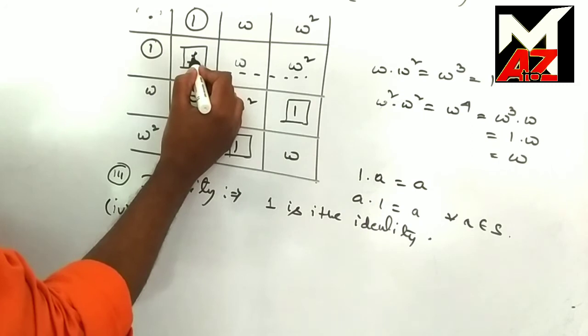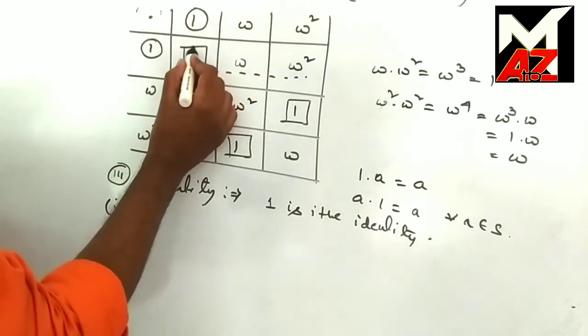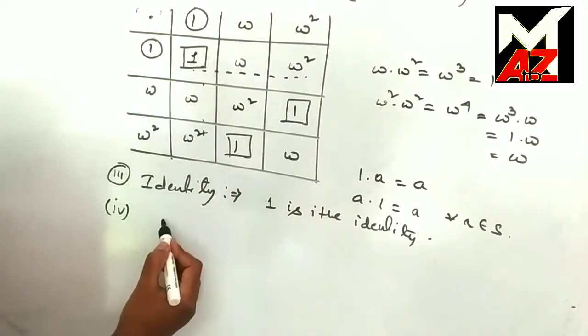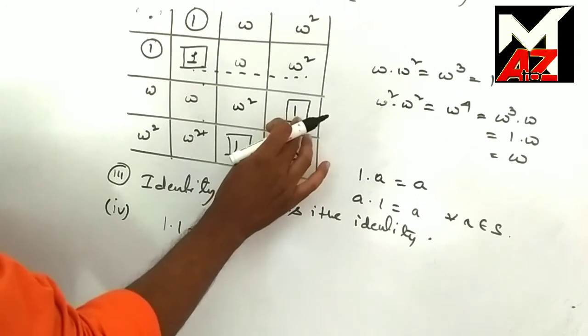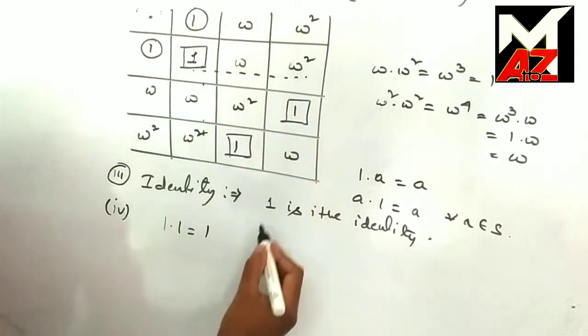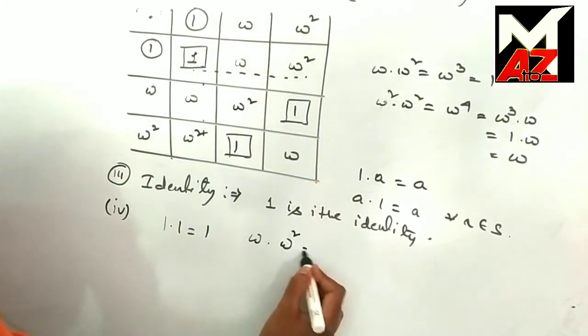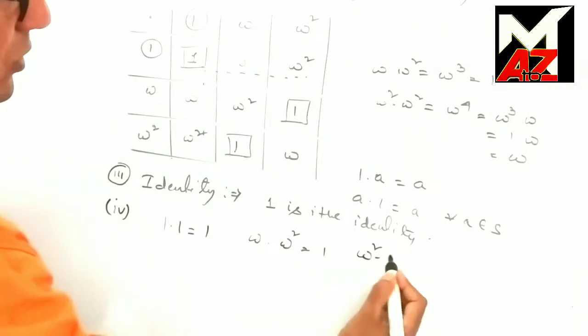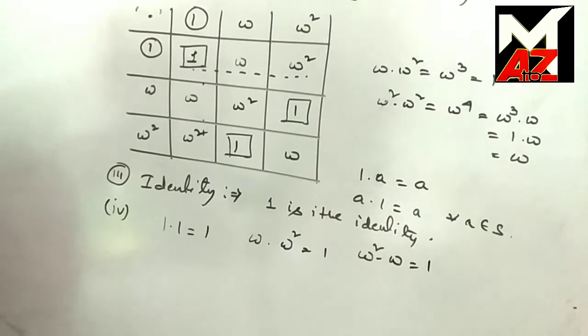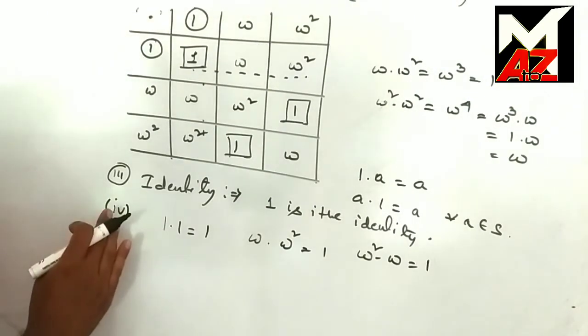And we see the top and the left, and from this we say 1 into 1 equals 1, omega into omega square equals 1, and omega square into omega equals 1.